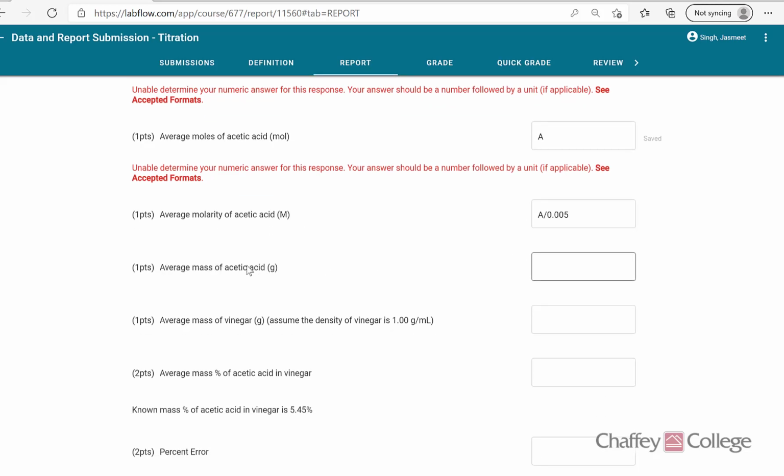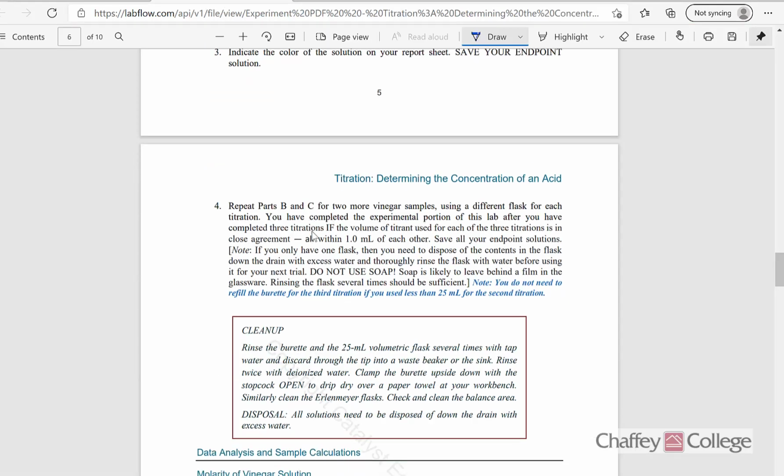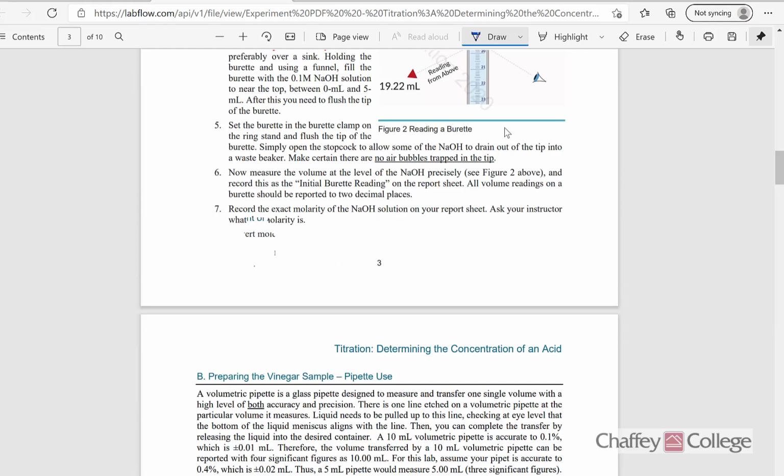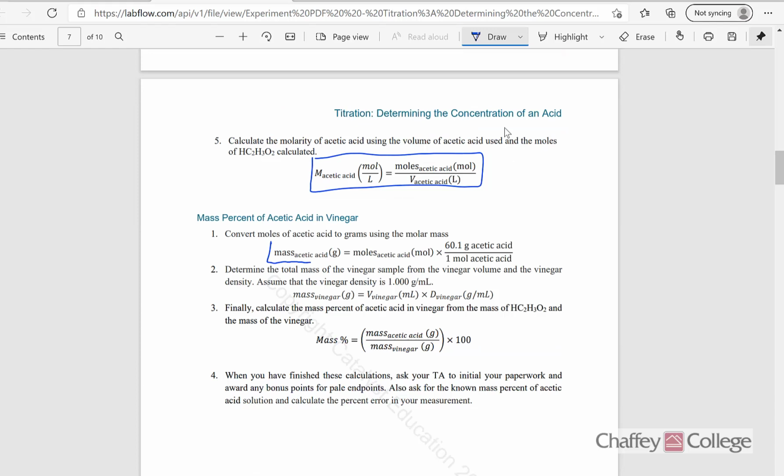Now, for the average mass of acetic acid, the calculation is given here in the instructions. So that's the average molarity of acetic acid. That's the formula we already used. This is the formula to calculate the mass of acetic acid.